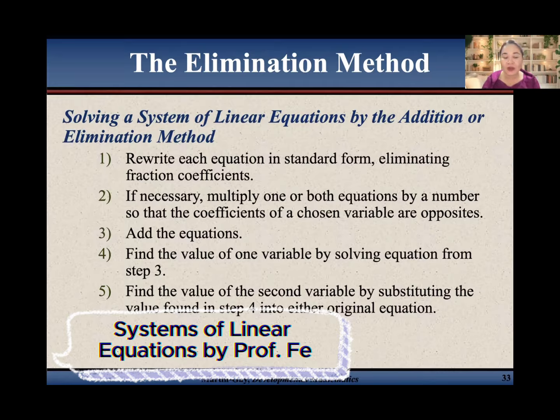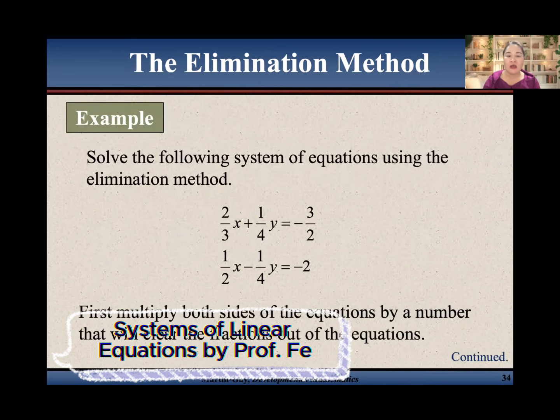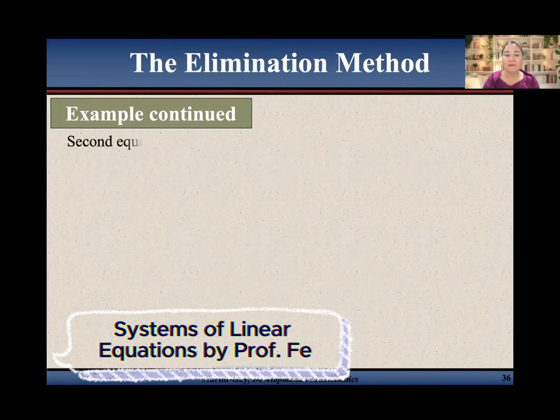Or you can simply add or subtract. Add the equations, since it's very easy to add compared to subtraction. Find the value of one variable by solving the equation from step 3. Then find the value of the second variable by substituting the value you found in step 4. Check. If you have time, you can check the proposed solution.